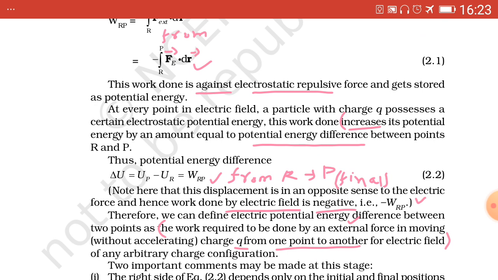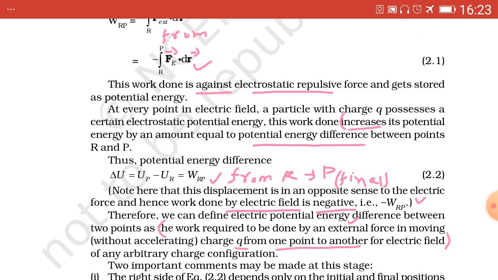So delta U equal to U_P minus U_R, where U_P is the potential energy at point P and U_R is the potential energy at point R, equal to W_RP, from R to P, where P is the final point.